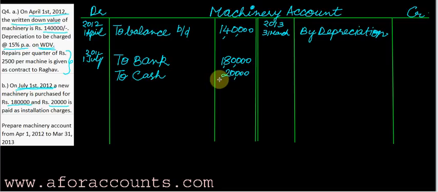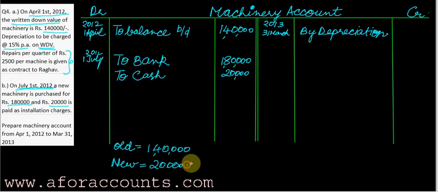So now what I can say is I have an old machinery of 1,40,000 and a new machinery of 1,80,000 plus 20,000, that is 2 lakh, and I need to charge depreciation on both.